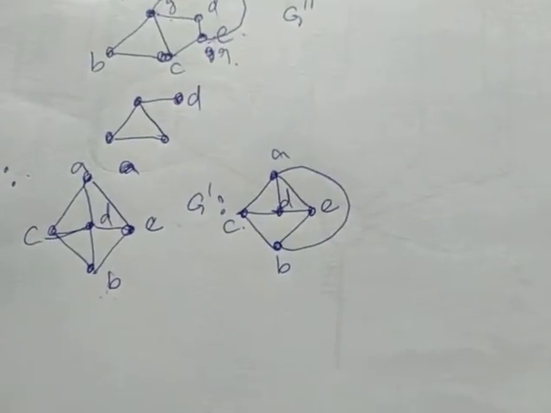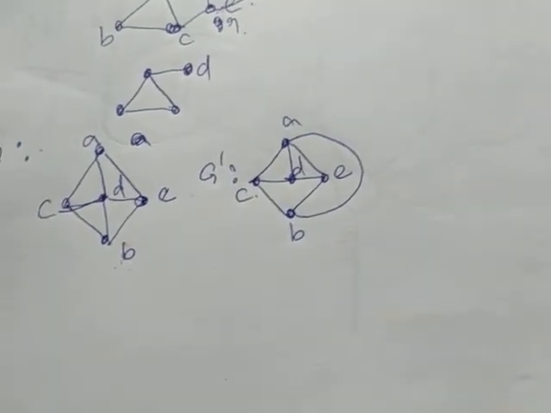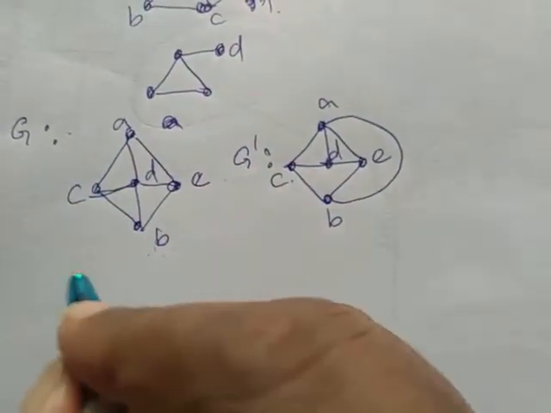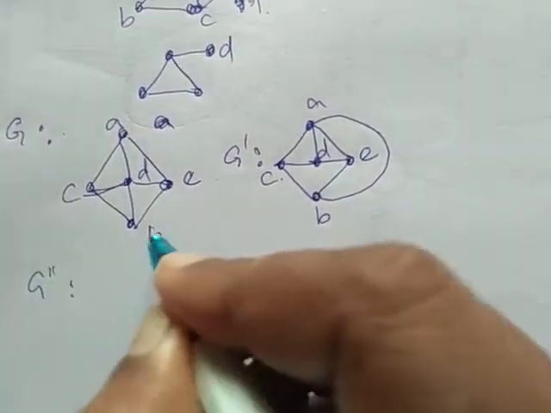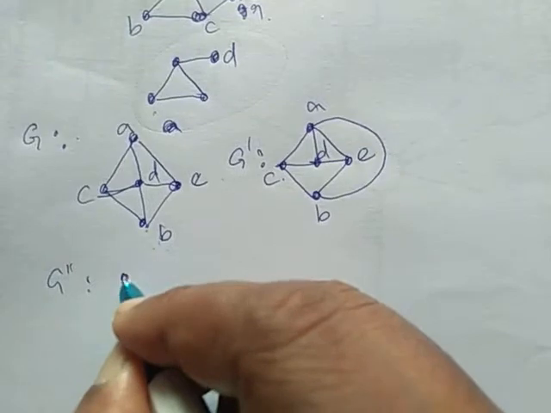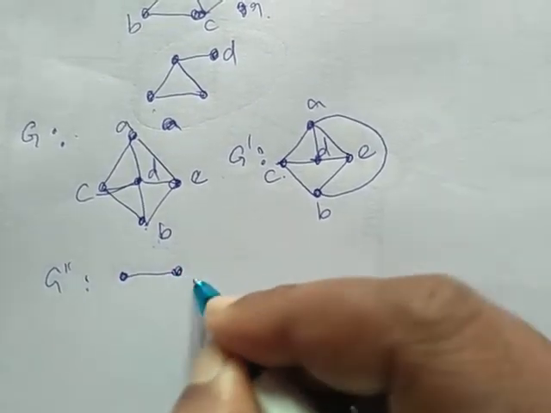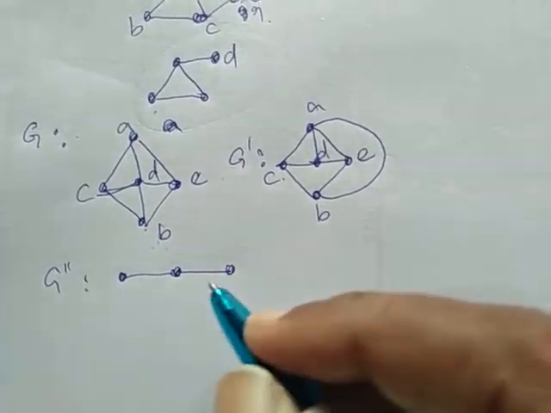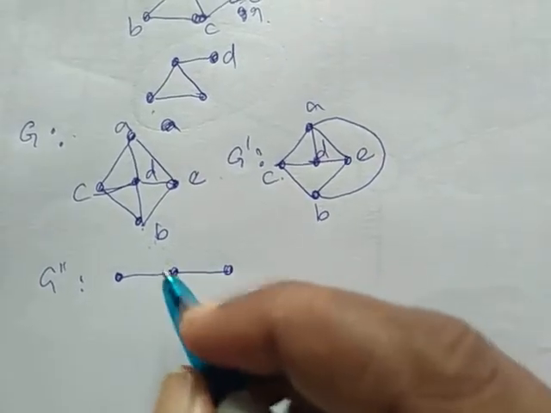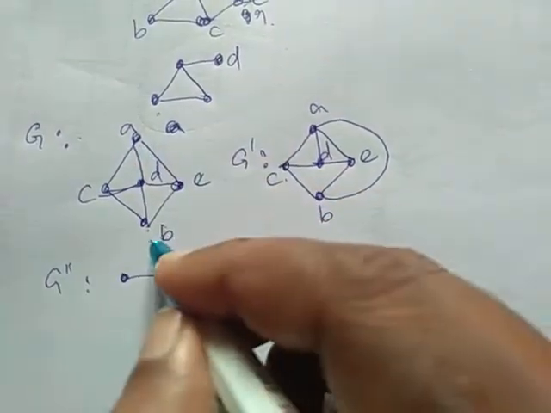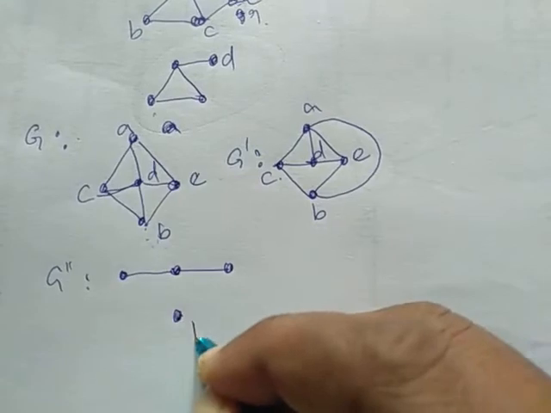Now what is our G double dash? Merging A and B. If I merge these two, A and B, I will get C, D, E. I will take the merged vertex as B dash.